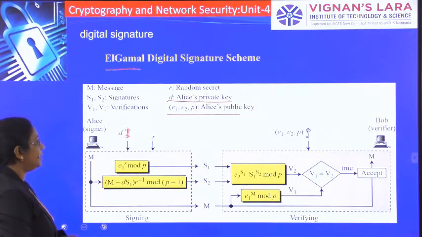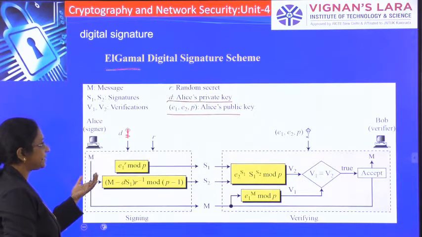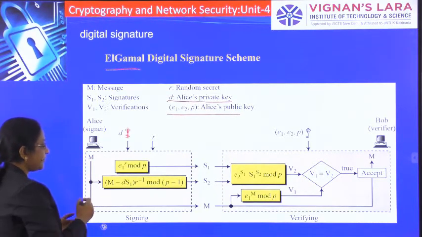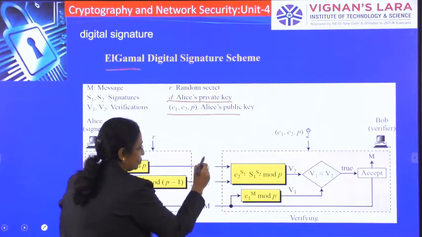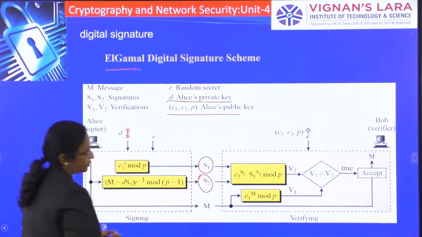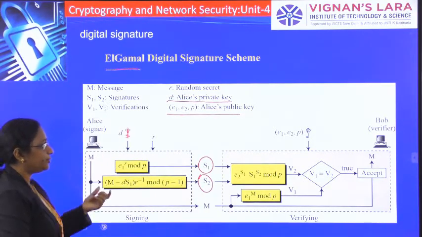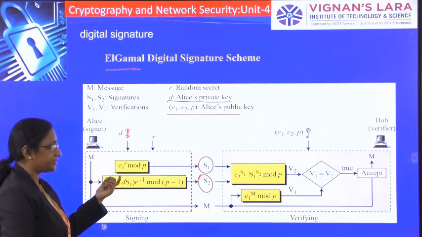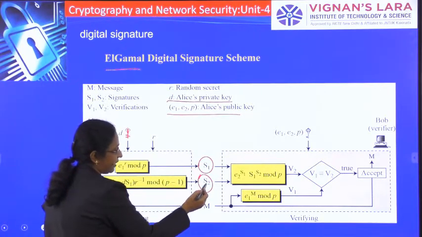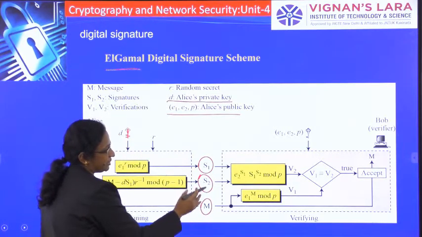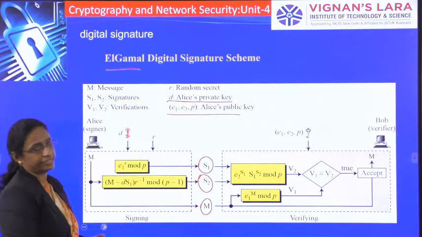Whatever message Alice wants to send, first she generates two signatures, S1 and S2, and these signatures along with the message M will be sent to the receiver.